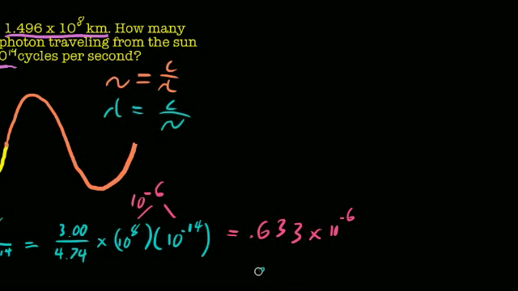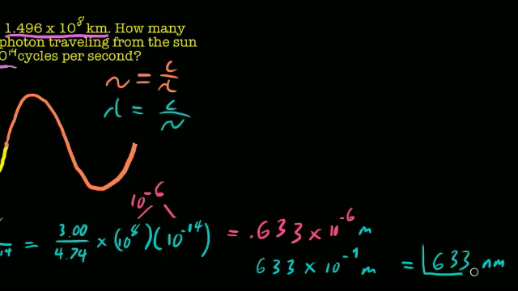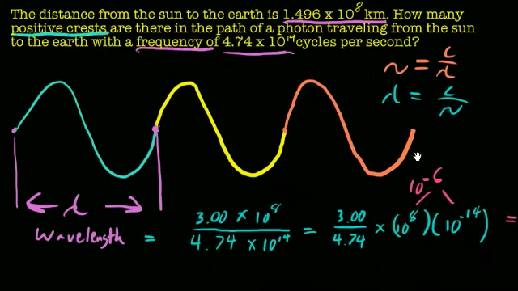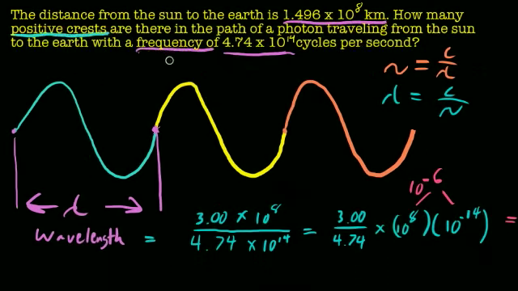So we'd have 633 times 10 to the minus 9 meters, which is the same thing. This unit is meters too. We can even write that as 633 nanometers. So this is going to be our wavelength for the wave of our photon, our wavelength of light.